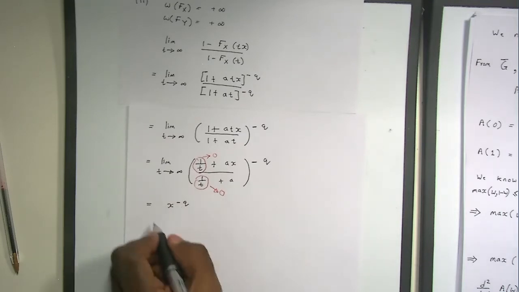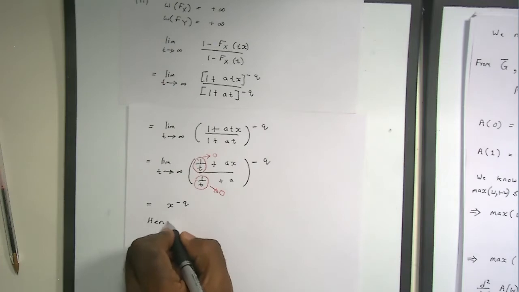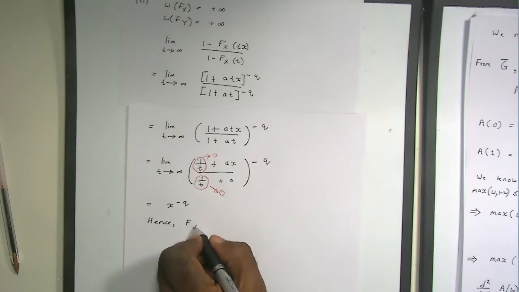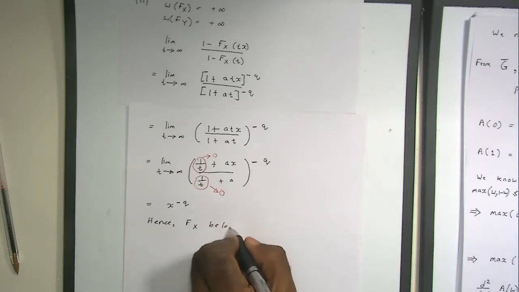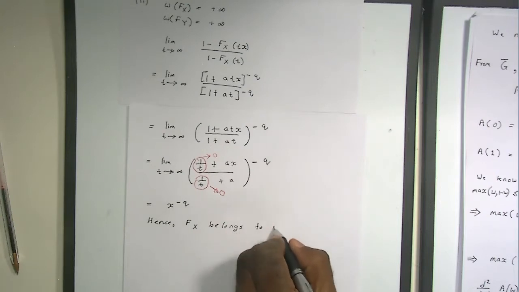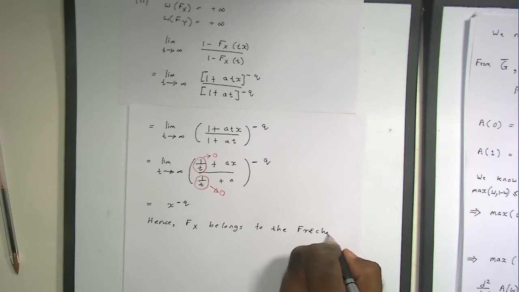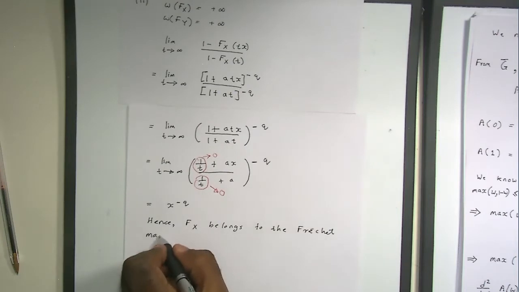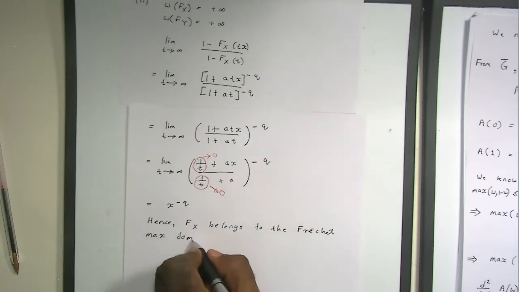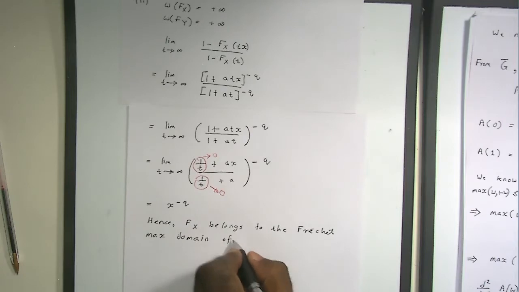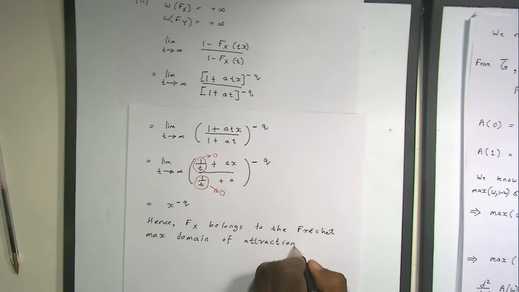So hence F_X belongs to the Fréchet max domain of attraction. So our guess was correct.